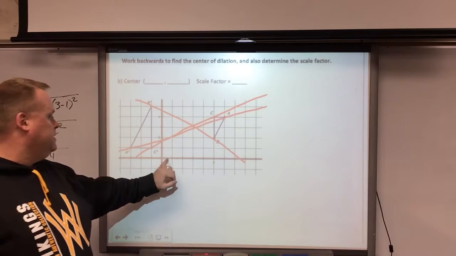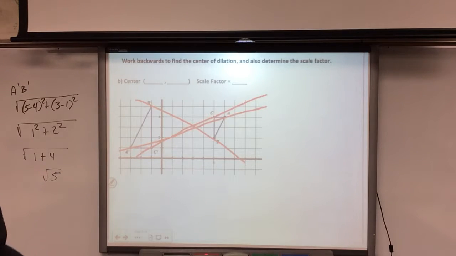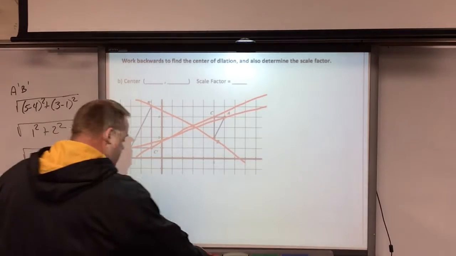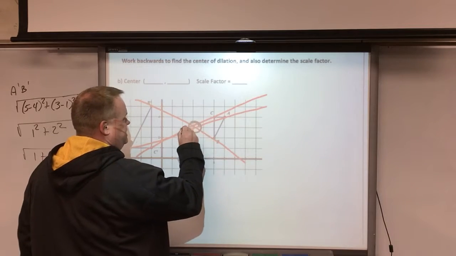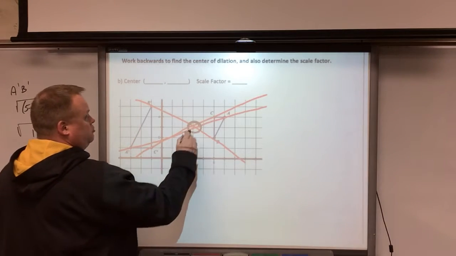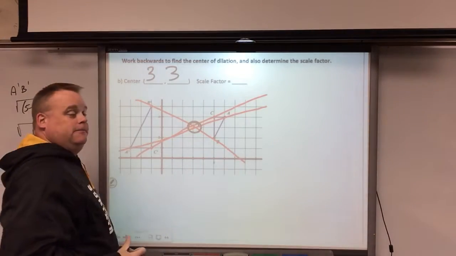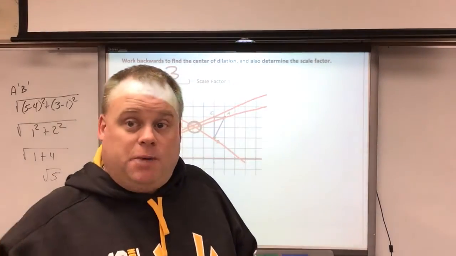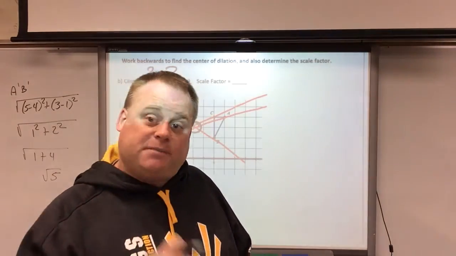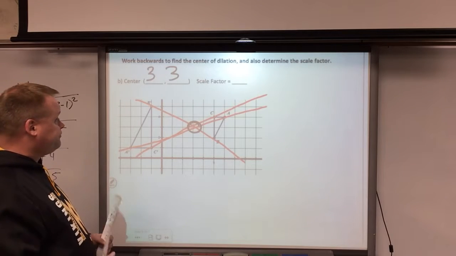All right, so I got 1, 2, 3, 3, 3. So I found my spot, and my lines aren't exactly as straight as I want them to be, but it does cross at 3, 3, so I know my center is at 3, 3. With you, you should have a ruler, draw them straight. You will come across 3, 3. Absolutely.